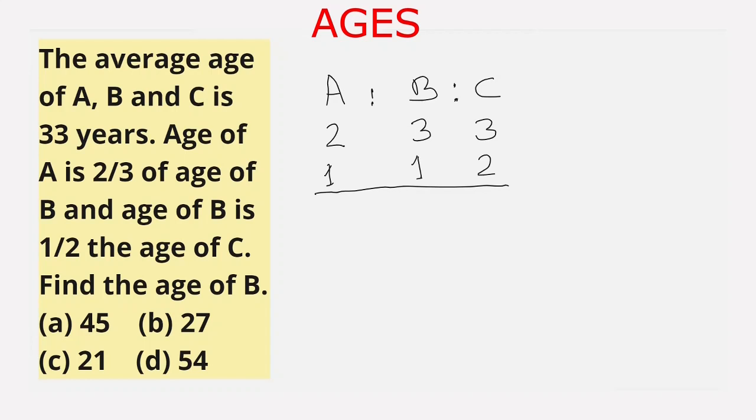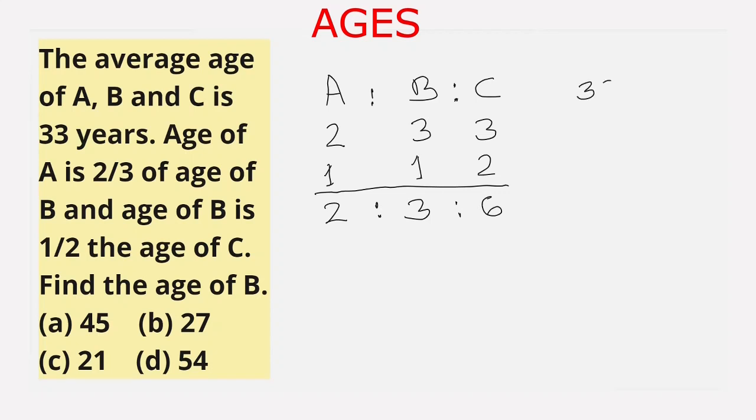Below A is 2 times 1 is 2, 3 times 1 is 3, and 3 times 2 is 6. So A:B:C comes out to be 2:3:6.